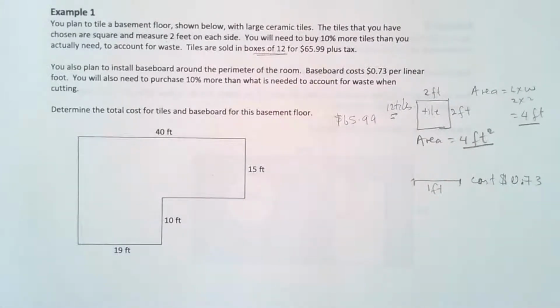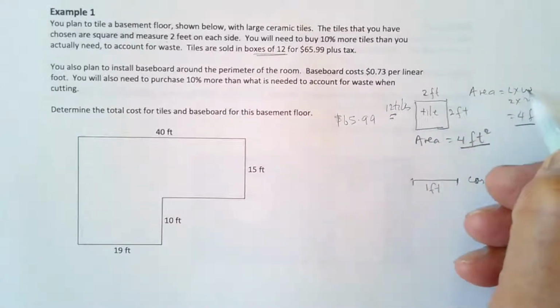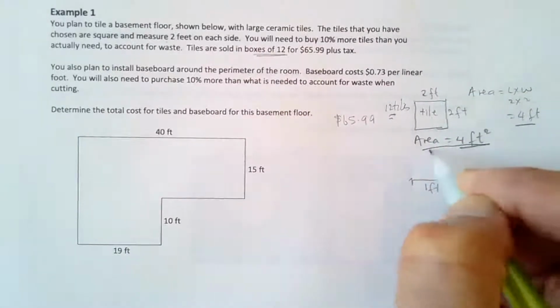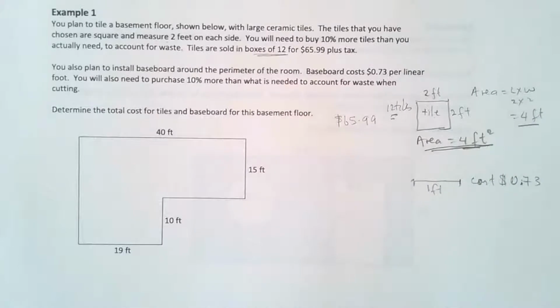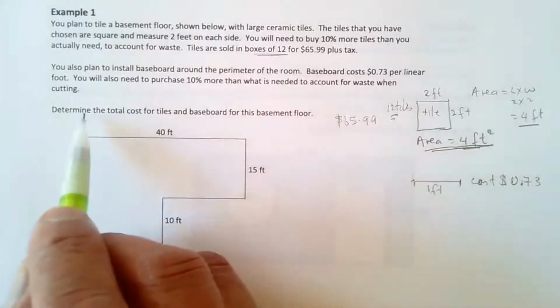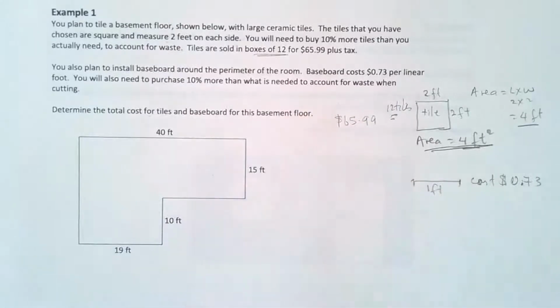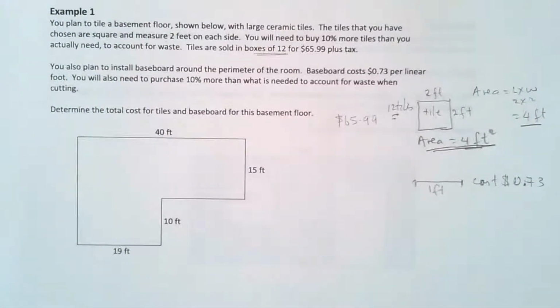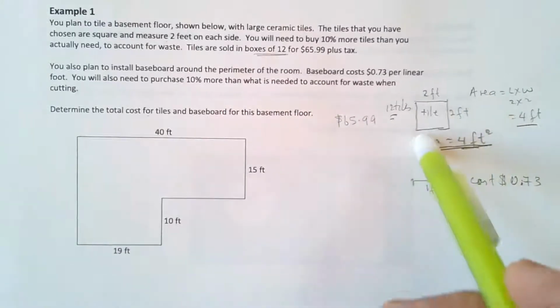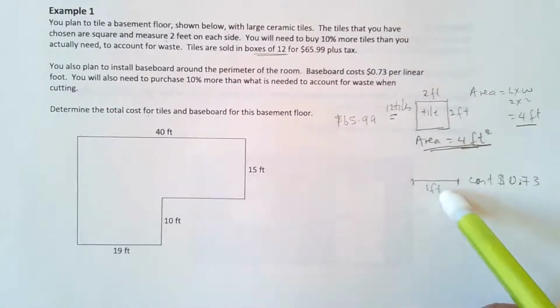Now, we have the area of one tile, in square feet. The question asks you to determine the total cost for tiles and baseboard. Now, the total cost will be the cost for tiles plus the cost for the baseboard.